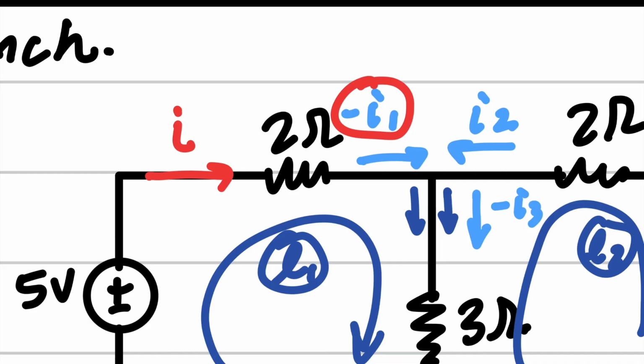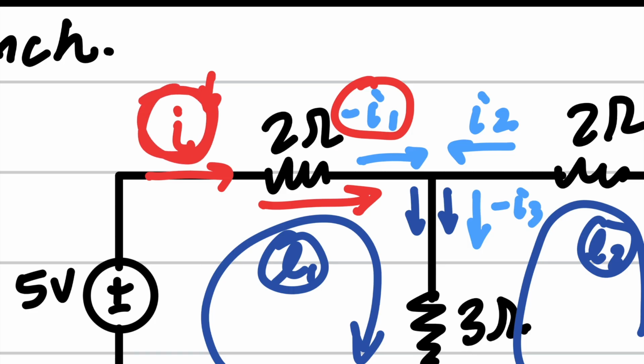Because this professor is saying that this current is going this way, when in reality, the electrons are actually going this way, but your professor wants you to report this I, and this I is negative I1. I really hope that this helps.